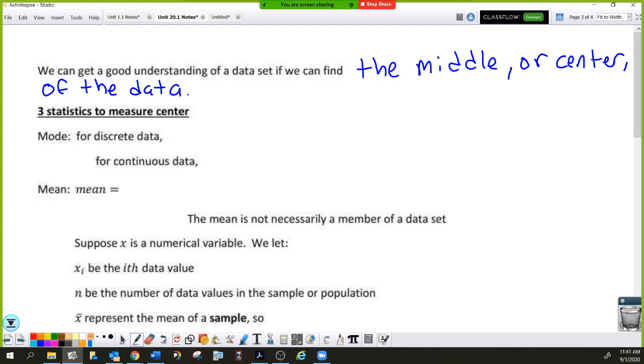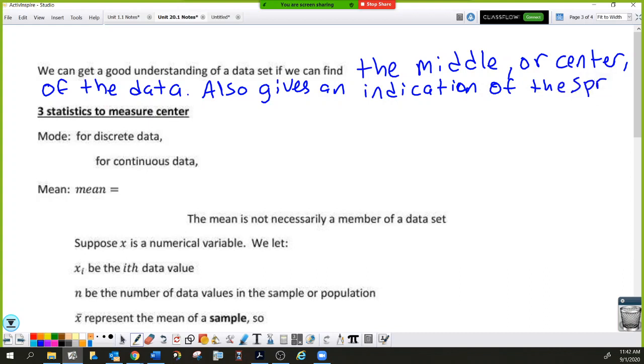This will also give you an indication of its spread, also known as dispersion, but we're just going to say spread. So this also gives an indication of the spread, which literally means how spread out is the data. That's what that means.